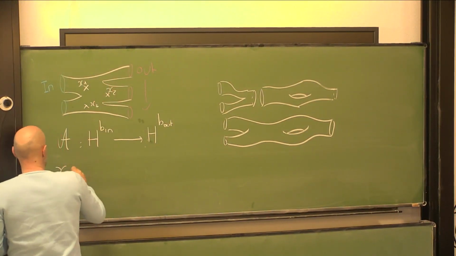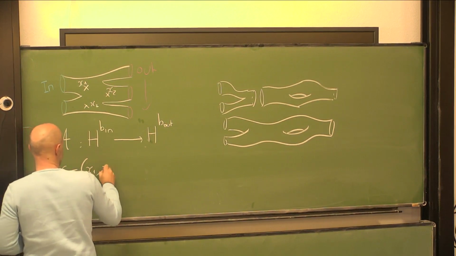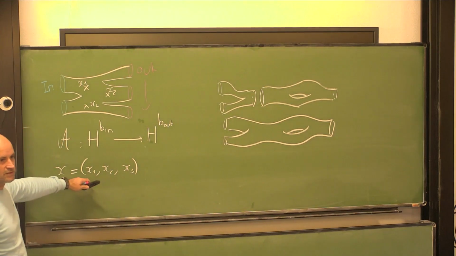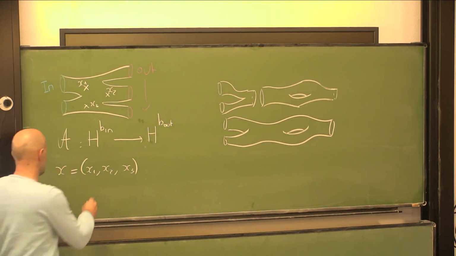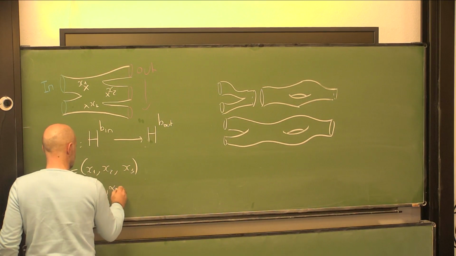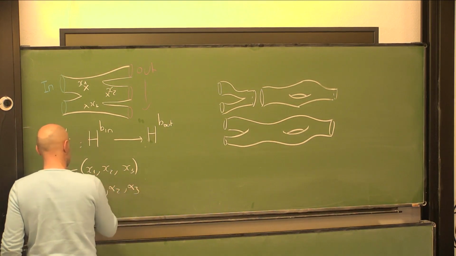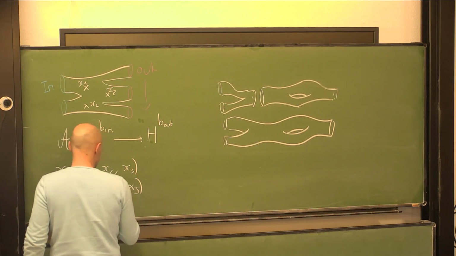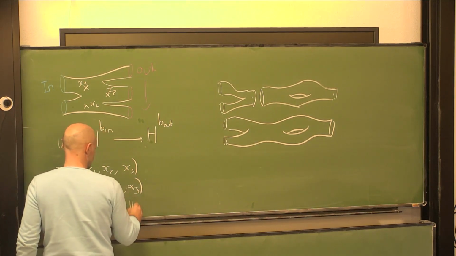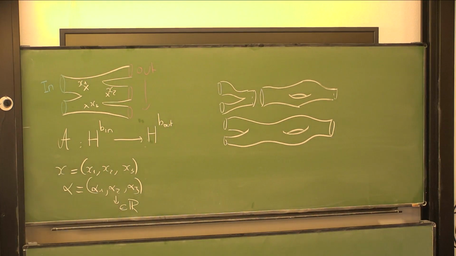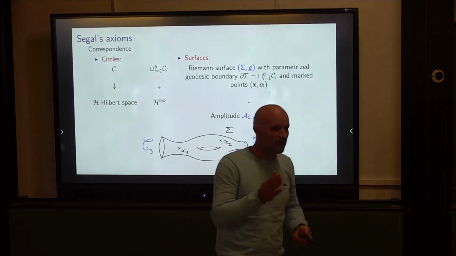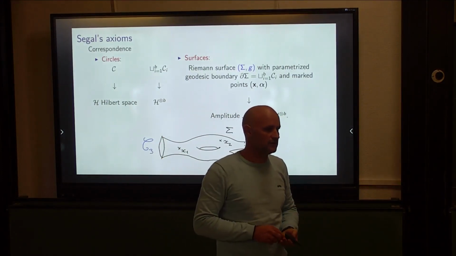The bold x is the collection of all these points. And these points have a real weight attached to each of them. So alpha 1, alpha 2, alpha 3 for now. And this is bold alpha. For now, you will just take this alpha in the real numbers, but this is specific to Liouville. Usually, alpha will serve to index the primary fields of your CFT.